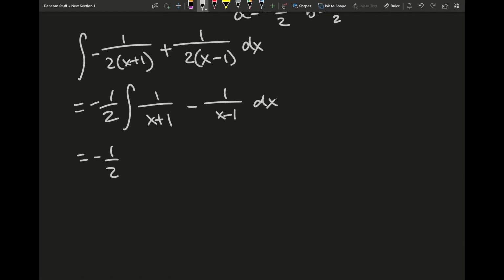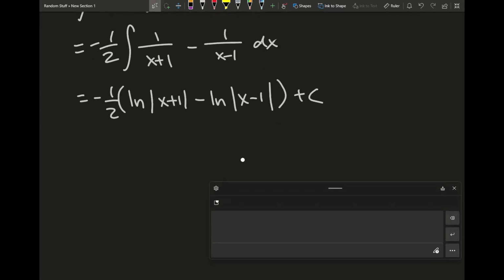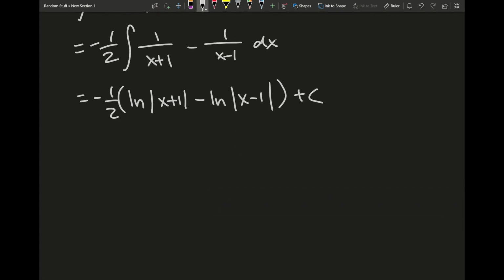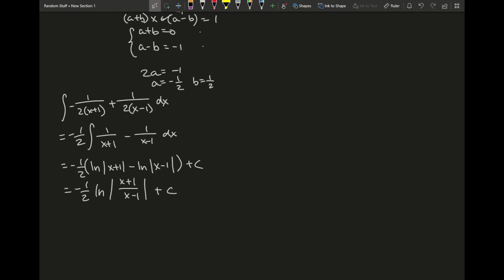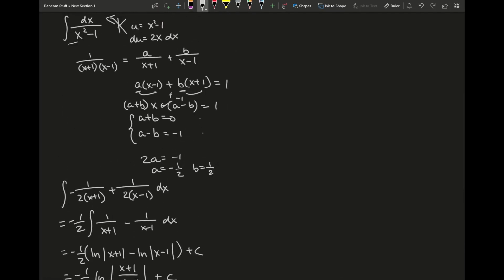This is just going to be ln of absolute value of x plus 1 minus ln of absolute value of x minus 1 plus C. Then we can simplify this inside, because ln of a minus ln of b equals ln of a over b. So this is equal to negative 1 over 2 ln of the absolute value of (x plus 1) over (x minus 1) plus C. So that is the integral of 1 over x squared minus 1.